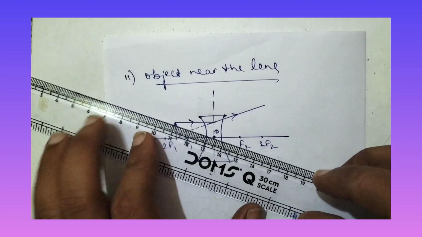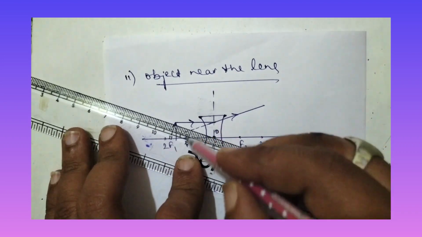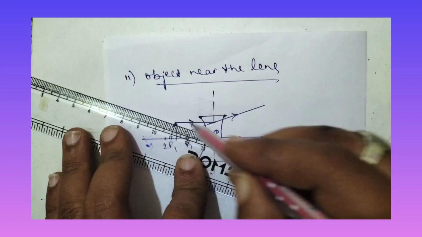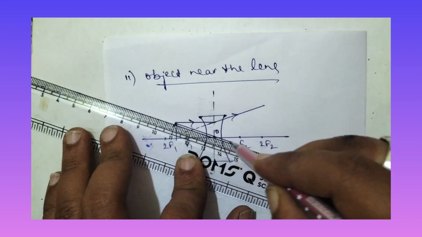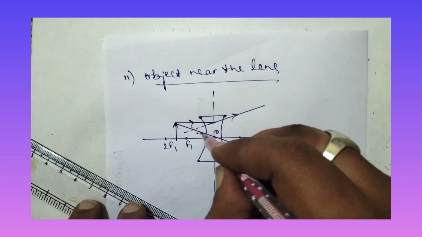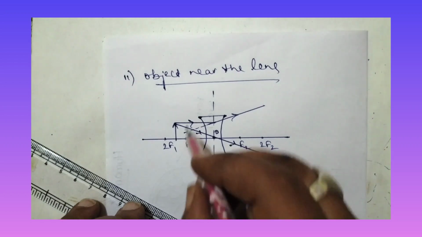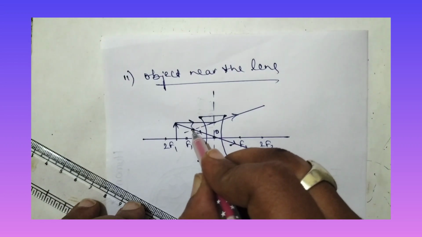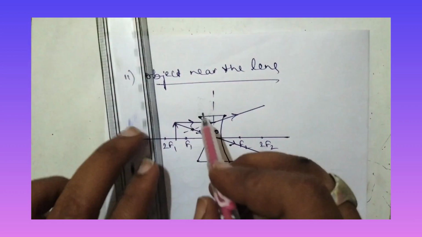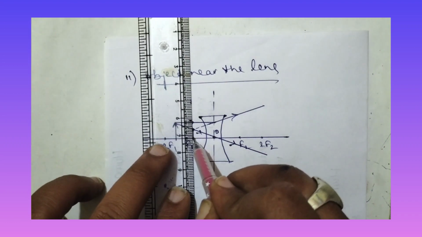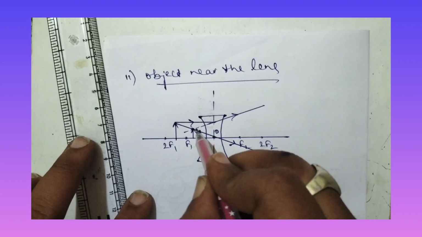Then another one is the light ray which passes through the optic center. The light ray which passes through the optic center will never get deviated. Where the two light rays meet, there the image is formed. So now the image is formed between the optic center and F1.